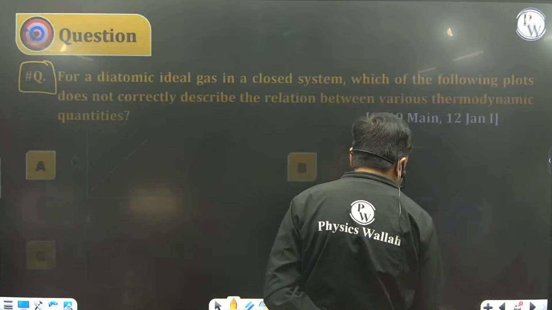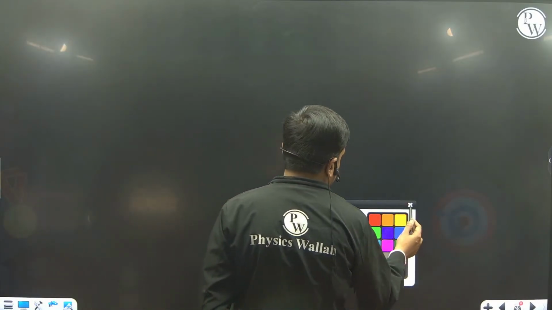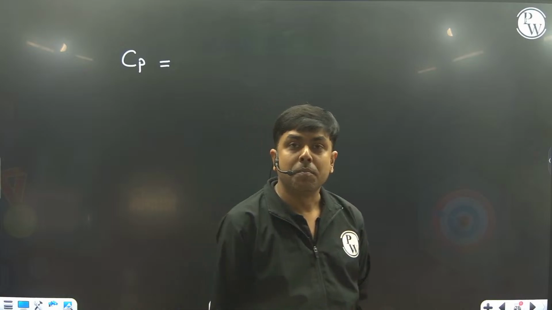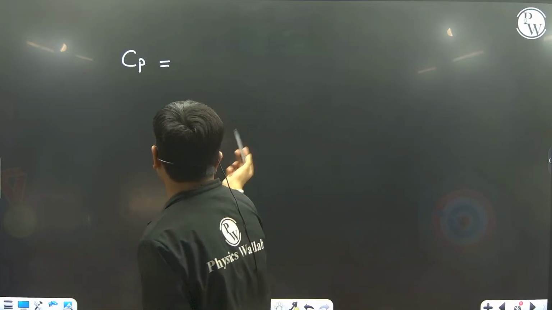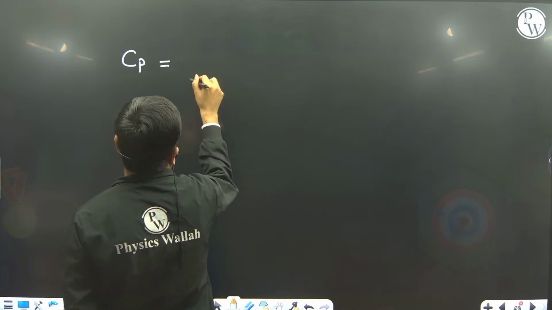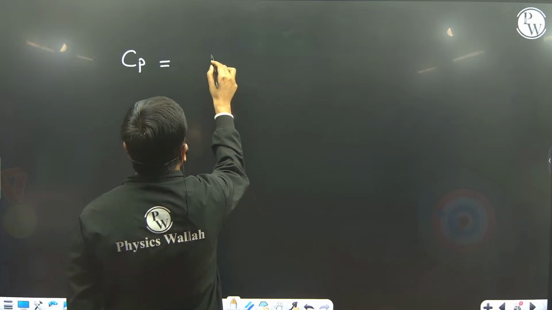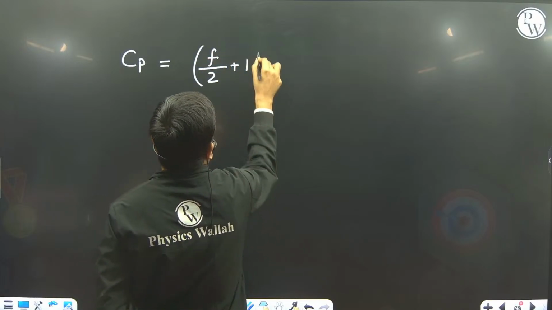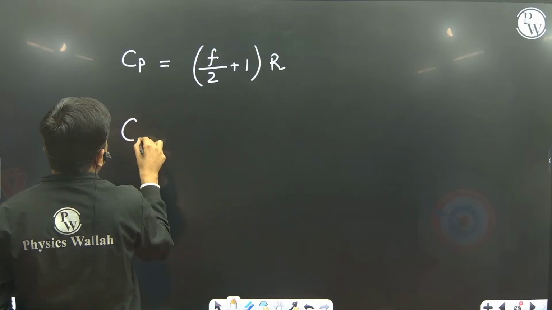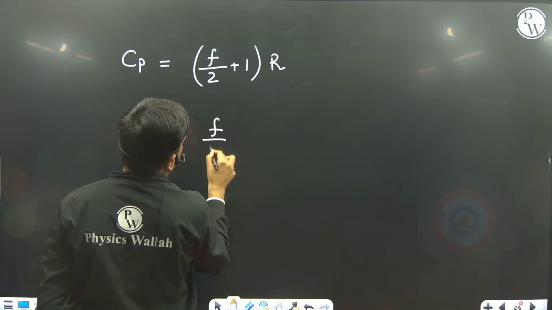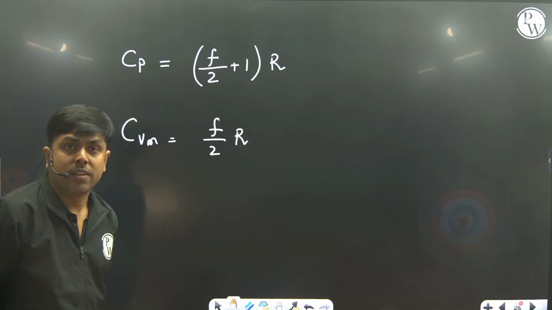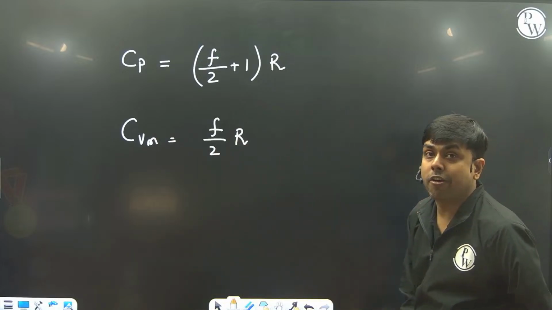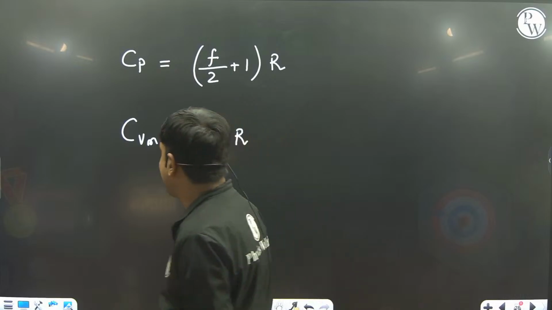What is CP and CV? CP is the molar heat capacity at constant pressure, and how do we calculate it? In terms of degree of freedom it is (F by 2 plus 1) R. Similarly, CVM is F by 2 R. Basically, all these parameters I am writing in terms of degree of freedom will be used in this question.